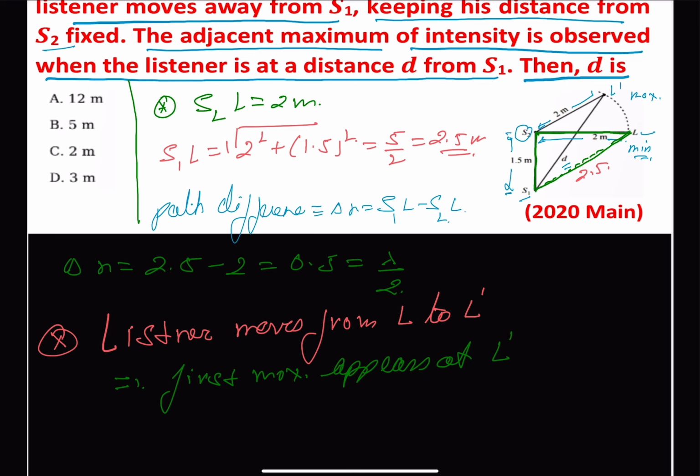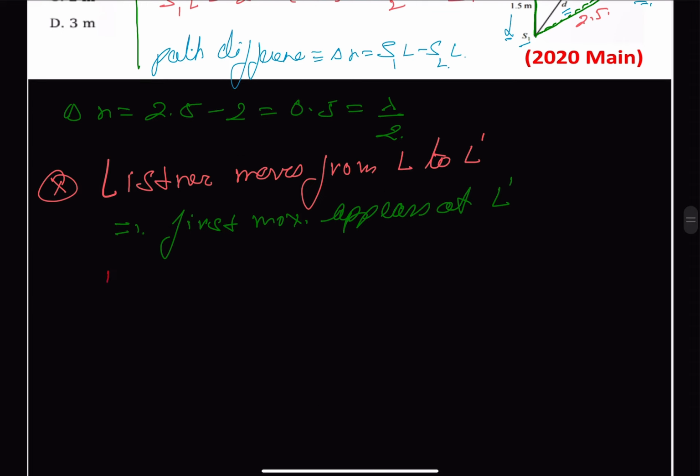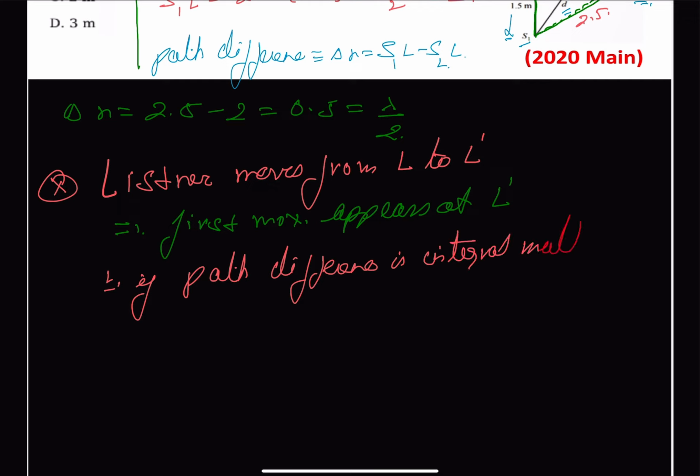This is only possible if the path difference is an integral multiple of the wavelength.